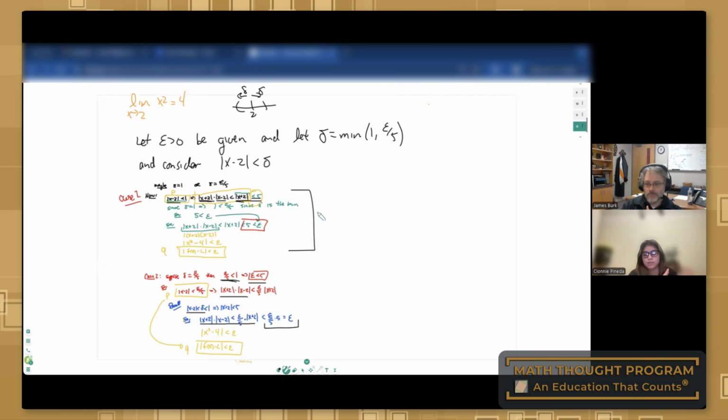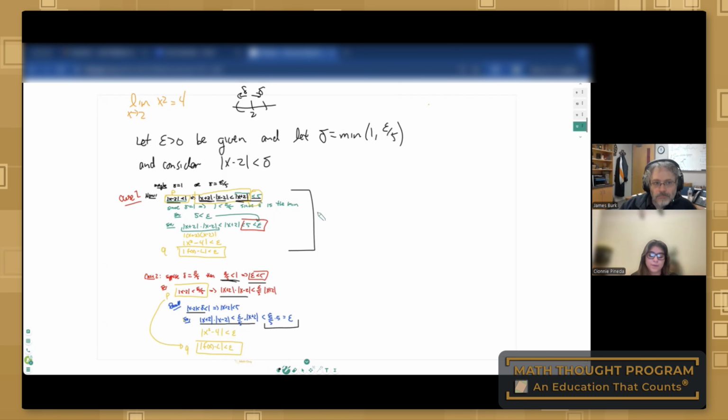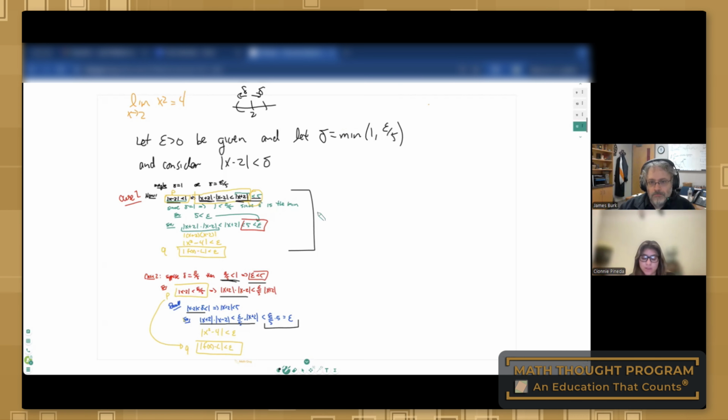So we can say that the absolute value of x minus 2 can be multiplied by the absolute value of x plus 2. Then here, I'm recognizing that eventually, based off the statement, x minus 2 is less than delta, that will eventually be less than 1. It's a convenient number that I can choose.